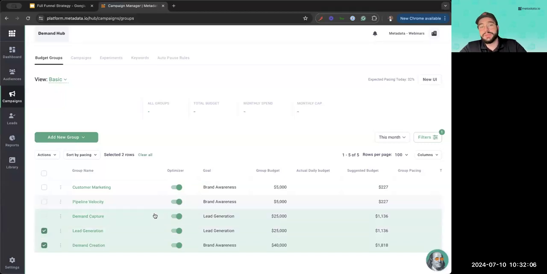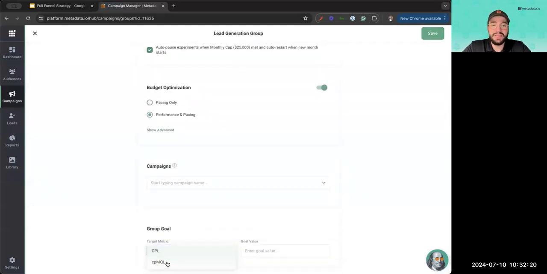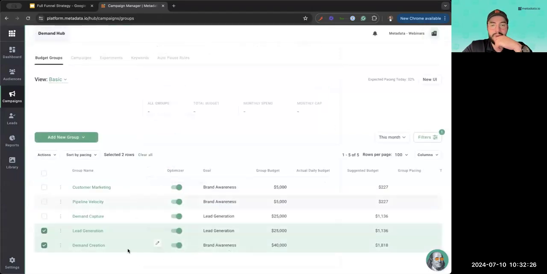I have some content that's going to be gated for lead generation. This content itself is going to be gold on cost per lead, cost per MQL. And if I have a goal in mind, I can go in and actually set it myself. So let's say that my target cost per MQL goal is 500. Perfect.